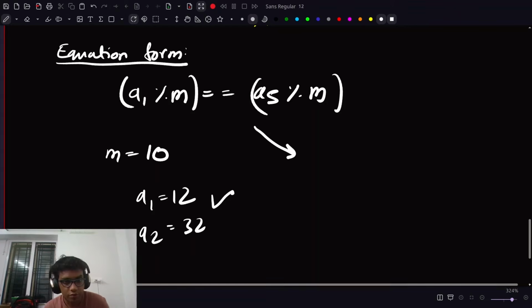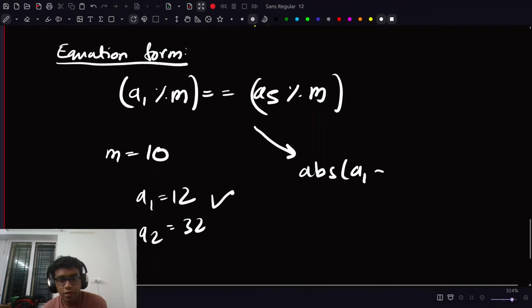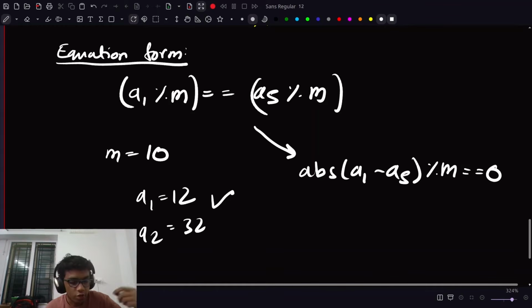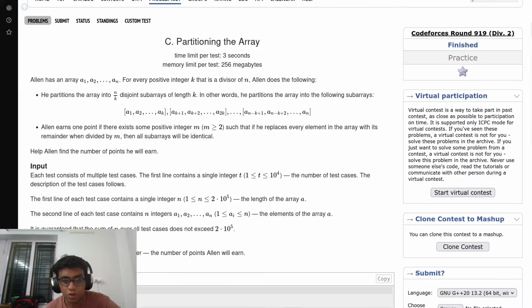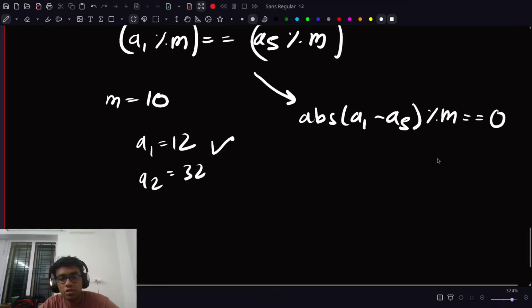Why do we need to check the difference? Because the difference between A1 and A5 in this case will be 0 modulo m. Why? Because whatever extra value we added onto the smaller number to reach the larger number, that value must be divisible by m, right? That's why the remainder has not changed.